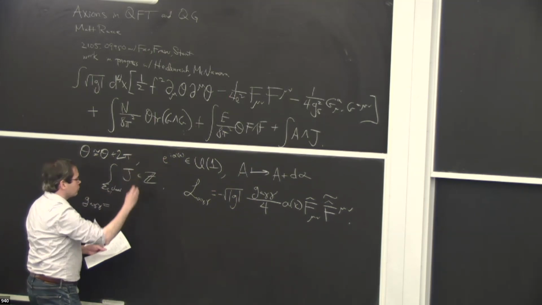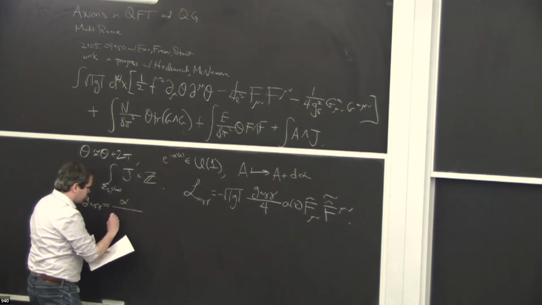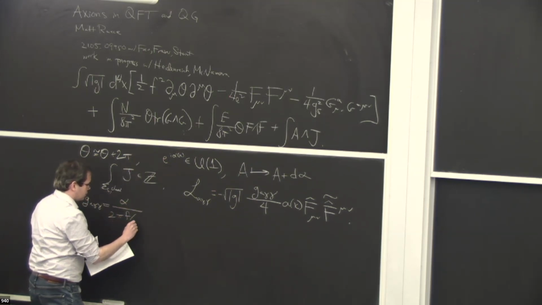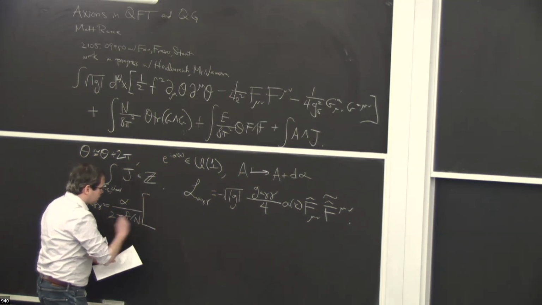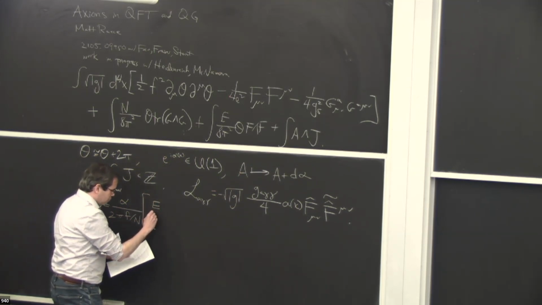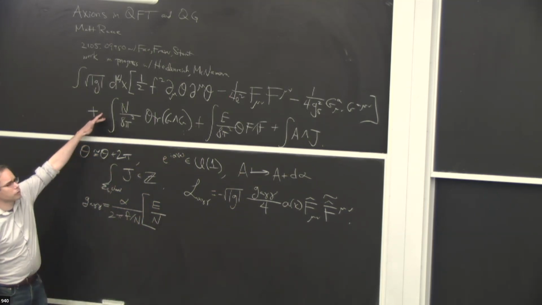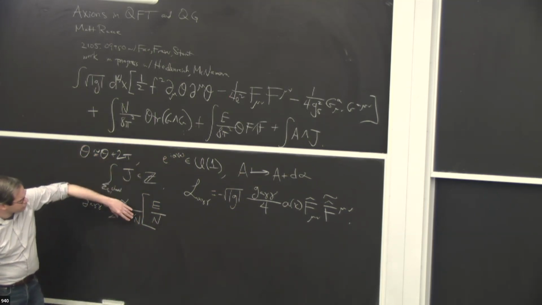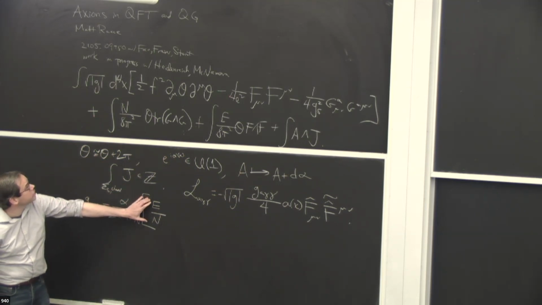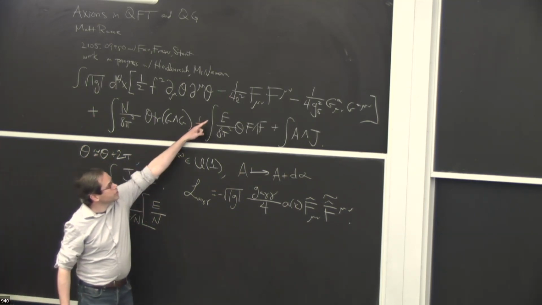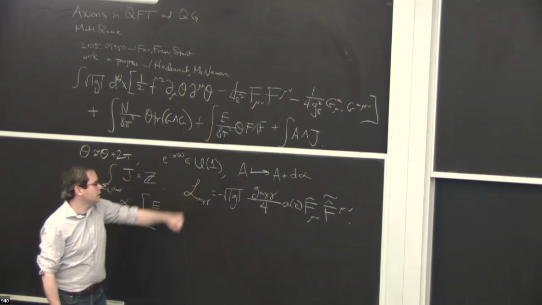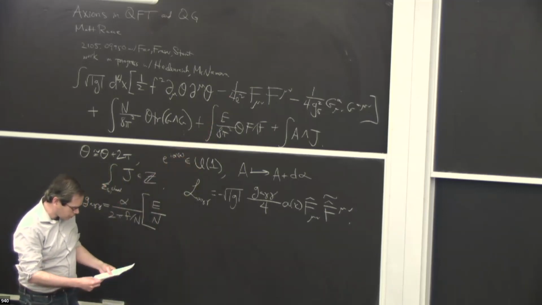To relate it to what I wrote above, we take into account the normalization. People often call f over N the axion decay constant because that's what appears in the gluon coupling. So if I factor out that f over N, what I have left from this coupling is an E over N. Put in the extra factors to canonically normalize things.